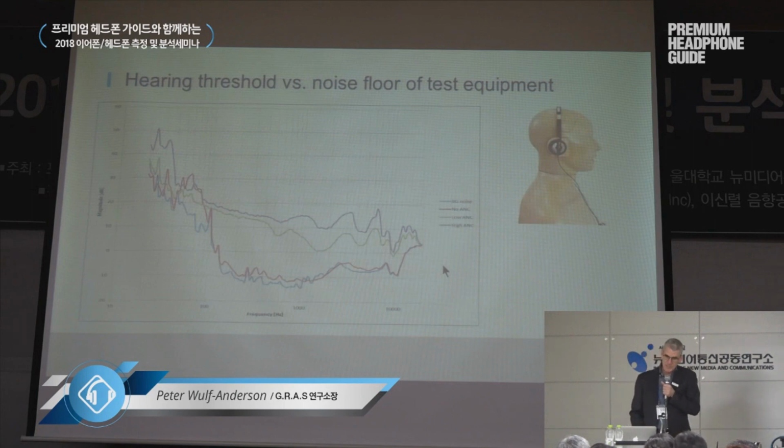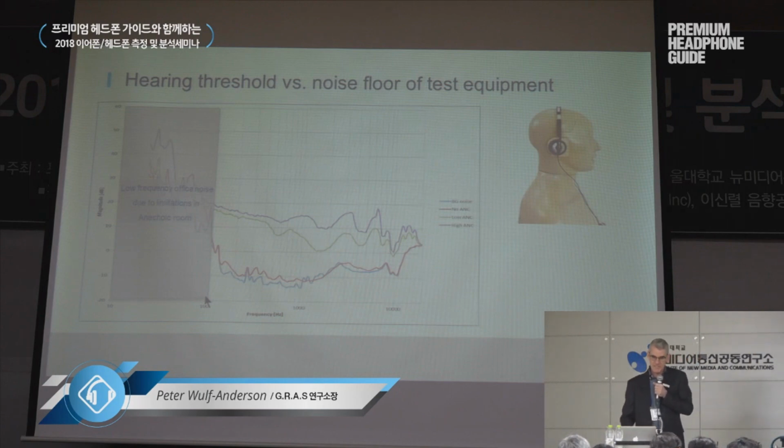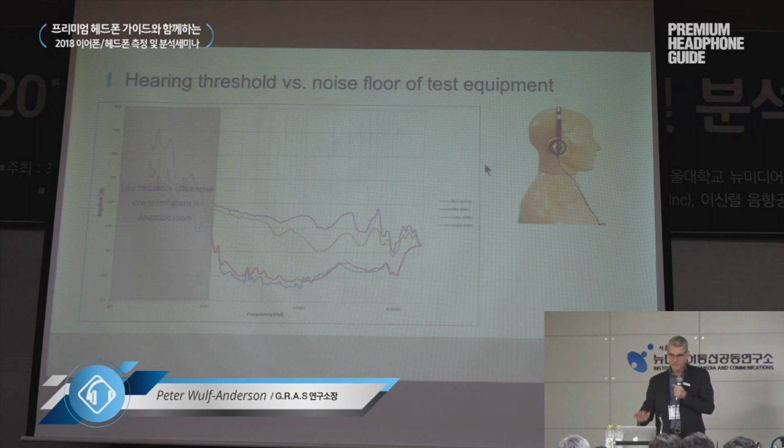And this picture here shows the result done in our anechoic room. The low frequency part, what happens below 100 hertz, was a little bit polluted by noise coming from our office, because the measurements were done in a fairly noisy environment. But if we look at what happens above 100 hertz, the blue curve here on this graph shows the background noise measured with the mannequin with open ears, no headphones mounted.